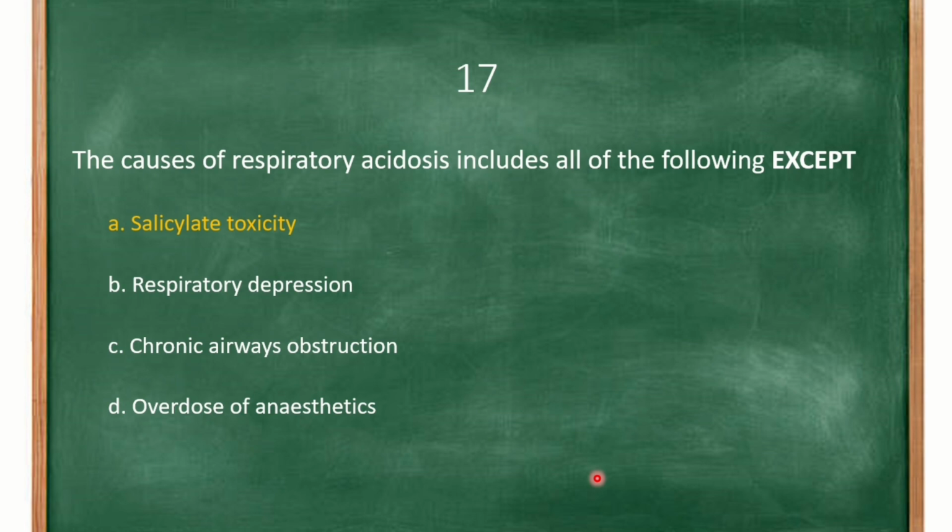So respiratory acidosis is when there's accumulation of carbon dioxide in the blood due to inadequate ventilation. So we are not releasing the carbon dioxide well, so it is accumulating in the blood, and it will lead to respiratory acidosis.